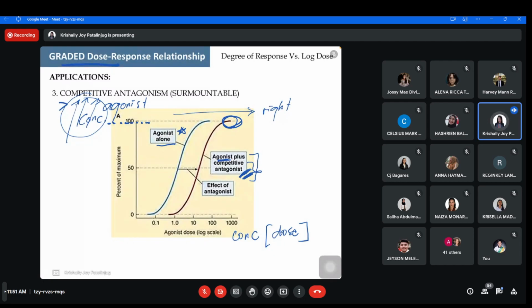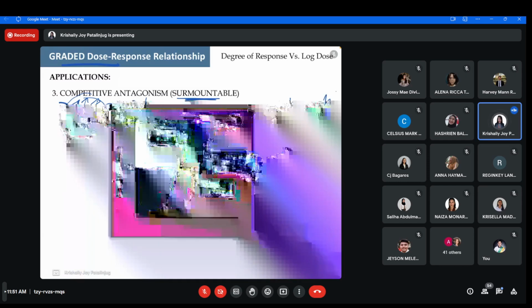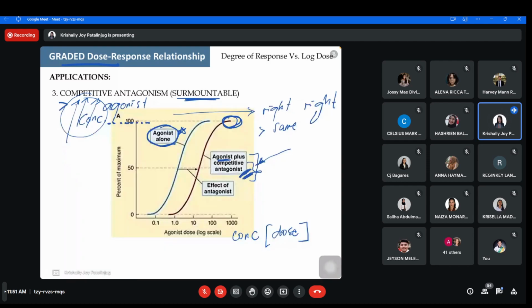Mapa-alone or with agonist. As long as you increase the concentration of the agonist, we can surmount or completely overcome the effect of the antagonist. That's why ganito yung nangyari sa graph. Shifted to the right, and then what happens to the efficacy? Same efficacy. Okay? Sige, next.